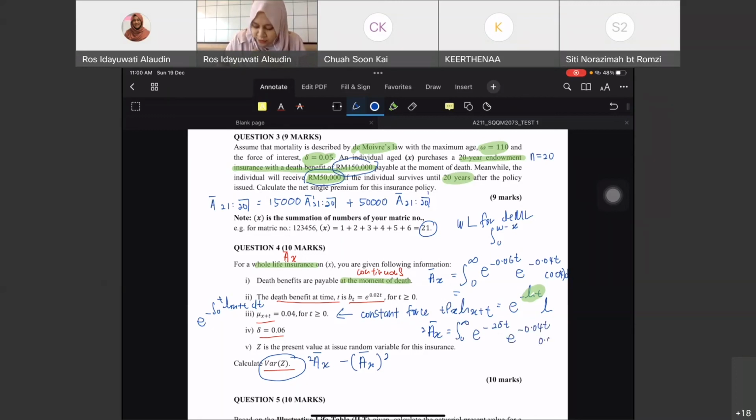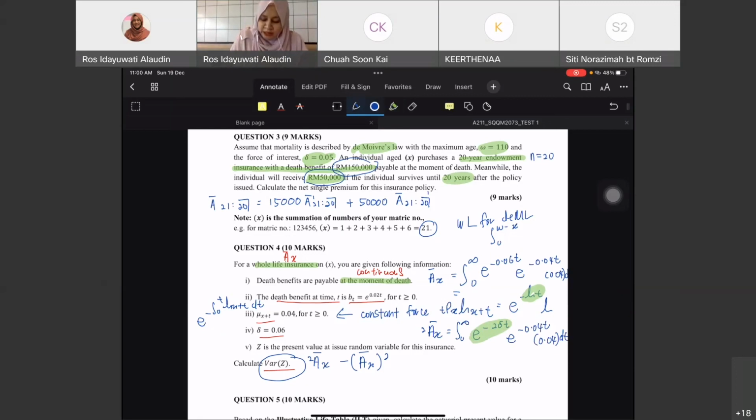So the difference is only in v^t, because now we have to use e^(-2 delta t).